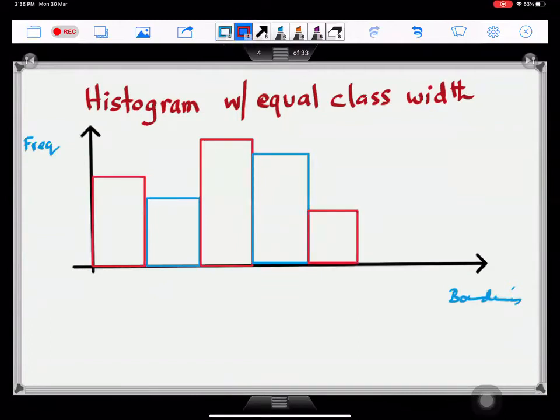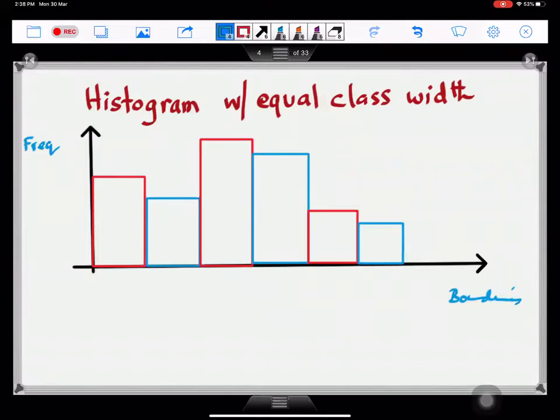And the last one is maybe something like this. So that is an example of histogram with equal class width. Frequency goes at the top along the vertical axis and boundaries over here. So this could be 0, this could be 10, this could be 20, 30, 40, 50, 60, something like this.